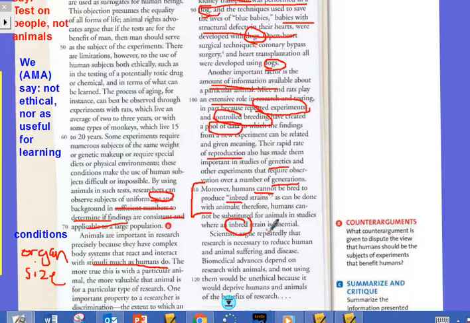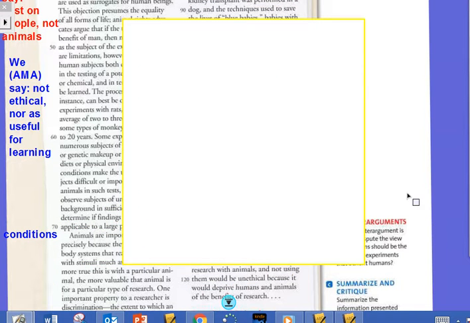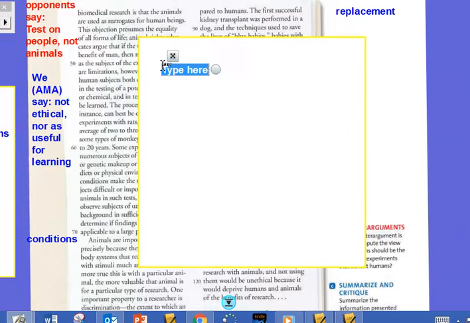Scientists argue repeatedly that research is necessary to reduce human and animal suffering and disease. Biomedical advances depend on research with animals, and not using them would be unethical because it would deprive humans and animals of the benefits of research. So you see what the author has done here. The author has said, this is what they say.